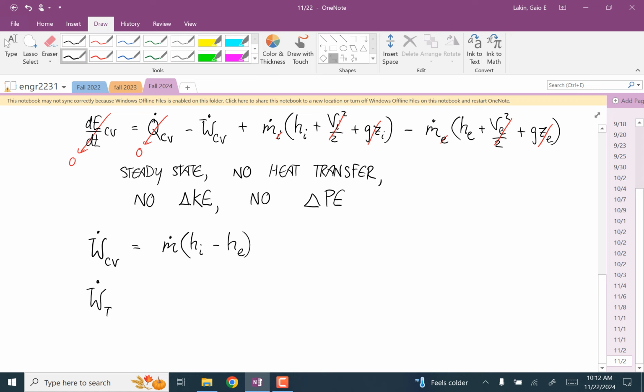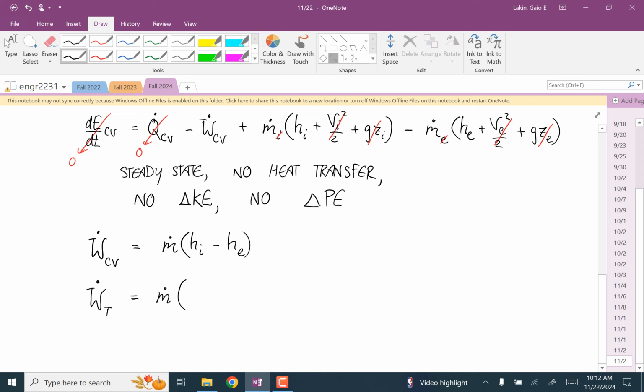At the pump, you can imagine it's going to be the opposite, because the work that we're going to call positive at the pump, W_P dot, is coming into the system. Okay, but so we have W_T dot is equal to m dot times, and now let's think about what the inlet and the exit are.